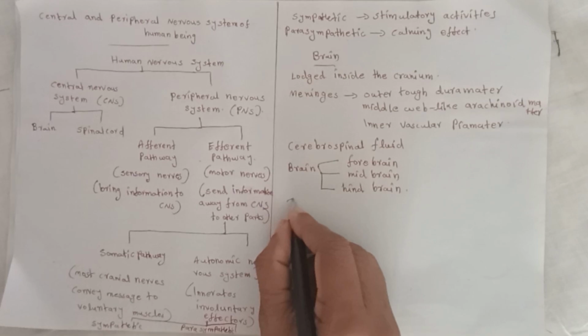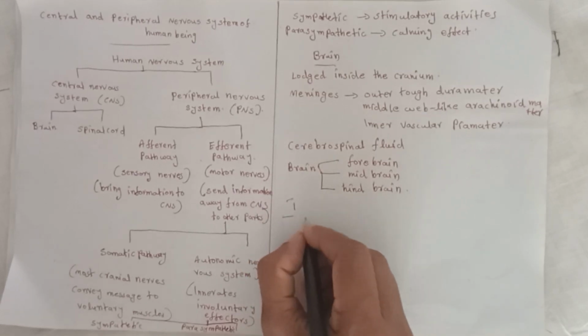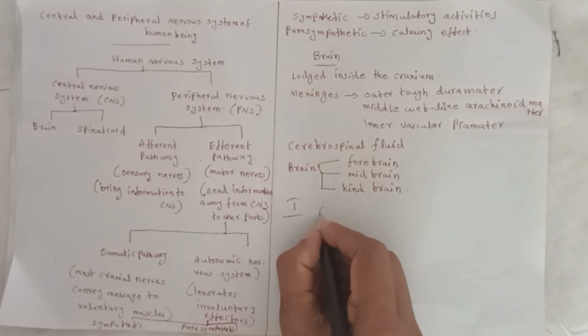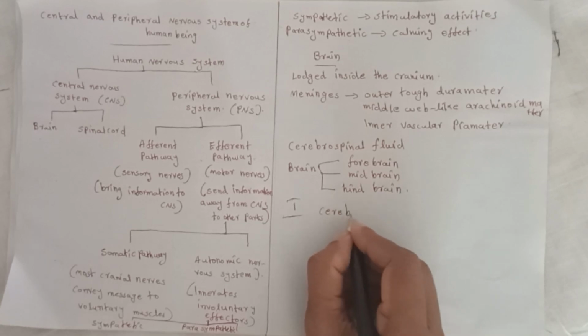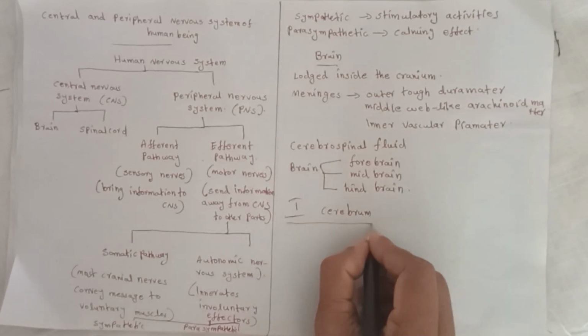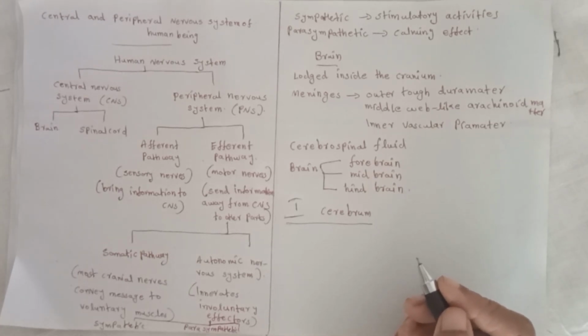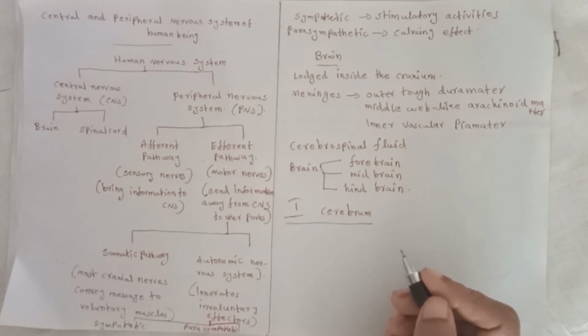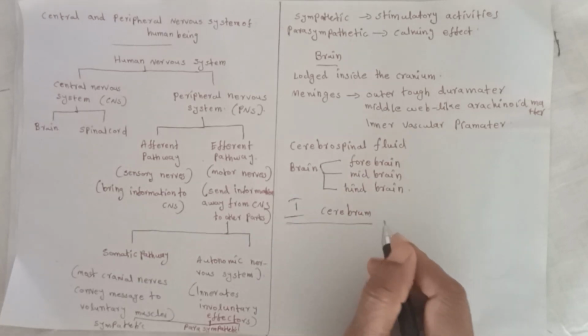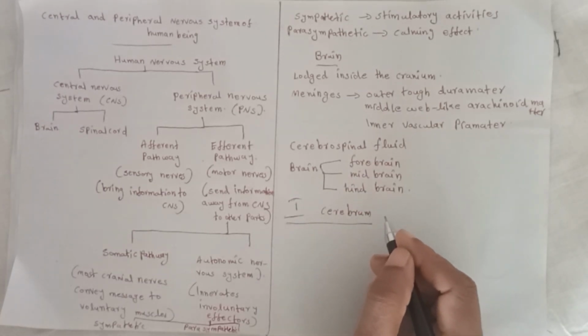The first part of the brain is the cerebrum. The cerebrum is the largest part, divided into 2 hemispheres, the left and right hemispheres. It is highly involuted with ridges and grooves.